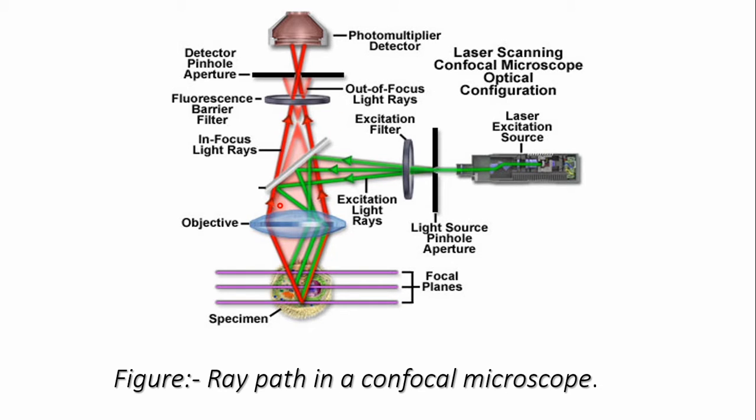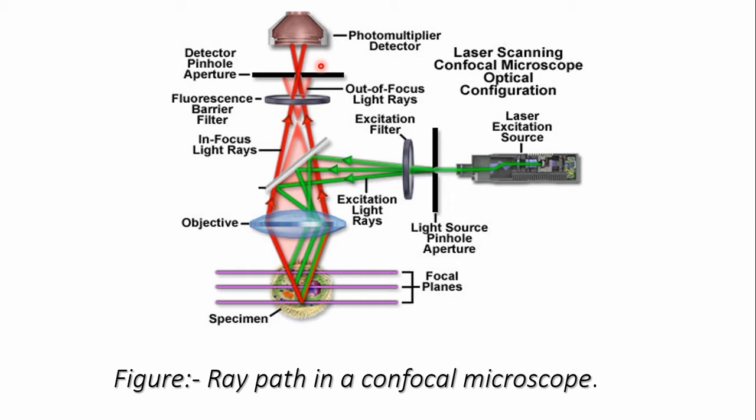A dichroic mirror has a special property: it reflects one kind of ray and transmits another kind of ray. The excitation filter allows only a specific wavelength of light, and the barrier filter allows only emission light. And this structure is the pinhole aperture.